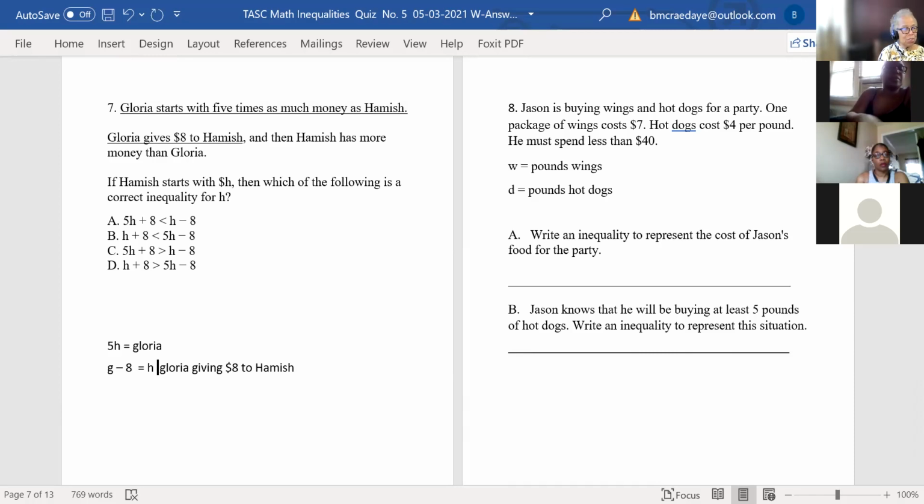Which choices do you see? 5H, what Gloria has, and then she gave $8 away. So if you put the 5H here for Gloria, it would be 5H minus 8. Now, where do you see 5H minus 8? What choices?